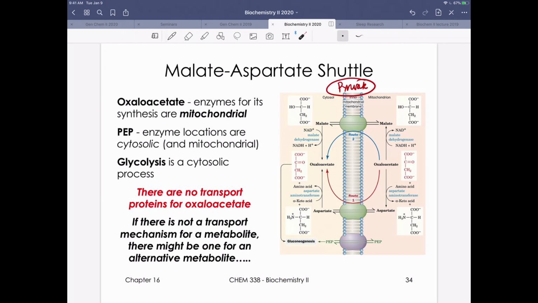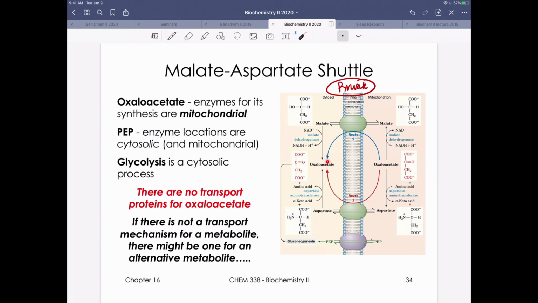Alternatively, oxaloacetate can be converted into an amino acid by doing some transaminase chemistry. So aspartate aminotransferase, AAT, is what this enzyme is called, can take oxaloacetate and convert this carbonyl essentially into this carbon bonded to nitrogen. That makes the amino acid aspartate. There is a transporter for aspartate. You can get that out into the cytosol, and as long as you have a cytosolic AAT enzyme, you can reconvert aspartate into oxaloacetate.